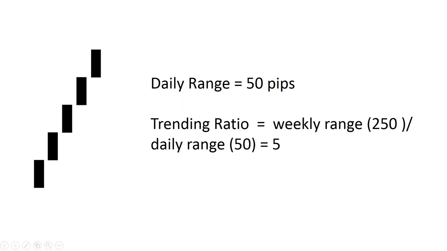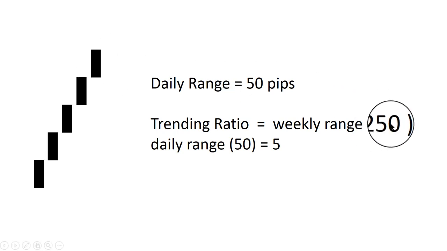So we then look at another currency, and this currency is exactly the same as the other one. It's got a 50 pip daily range, but it actually trends. So the next day it goes up, next day it goes up, next day it goes up, and next day it goes up. So its daily range is still 50 pips. But the trending ratio has now changed, because on a weekly basis, it has actually ranged 250 pips.